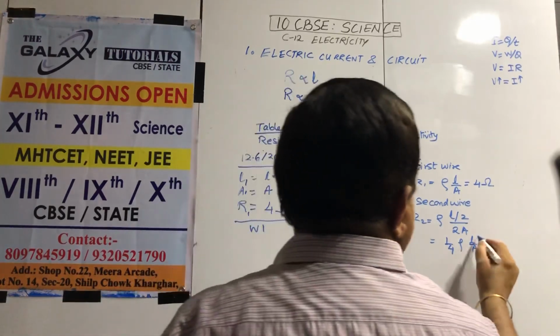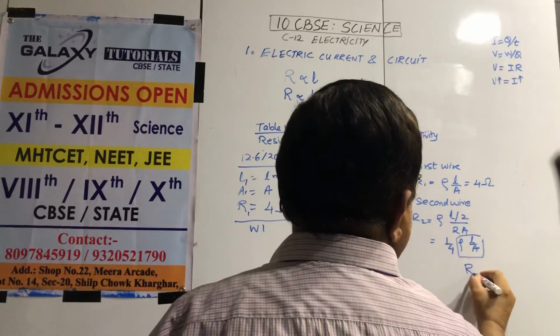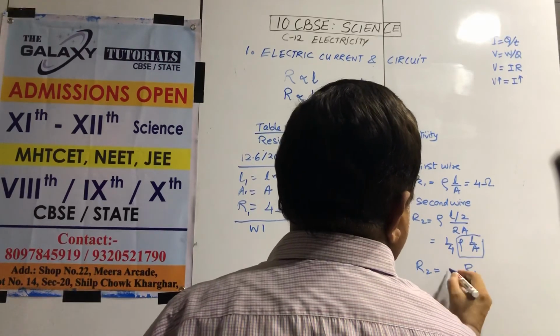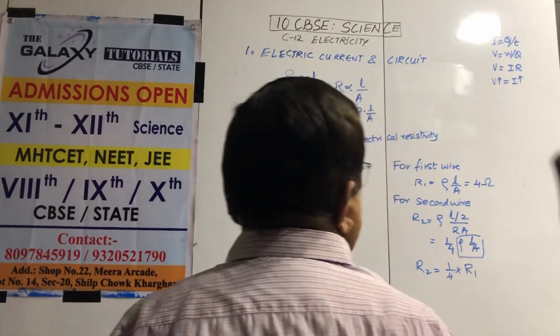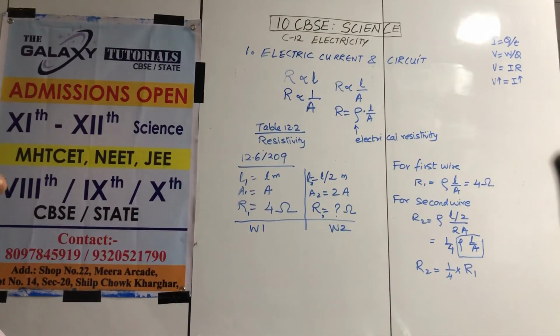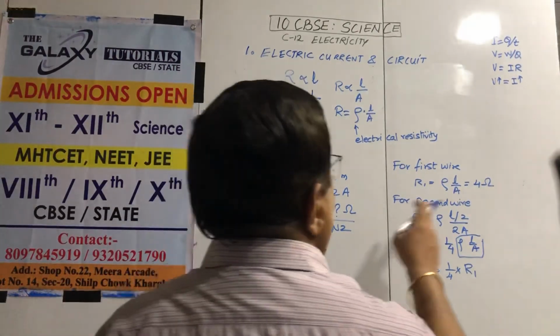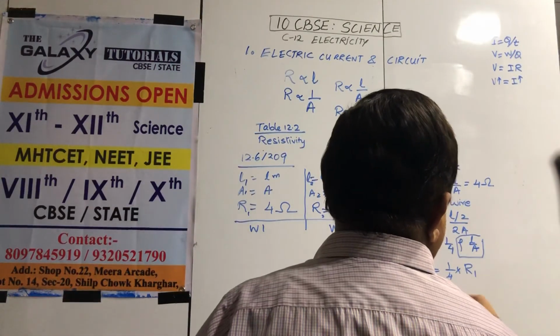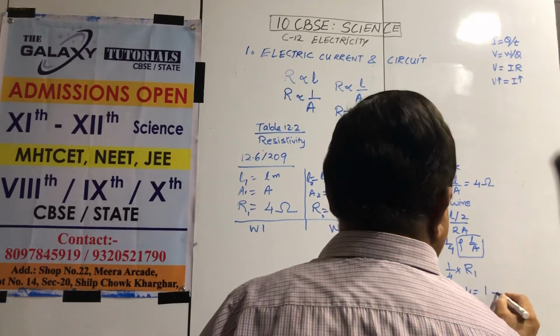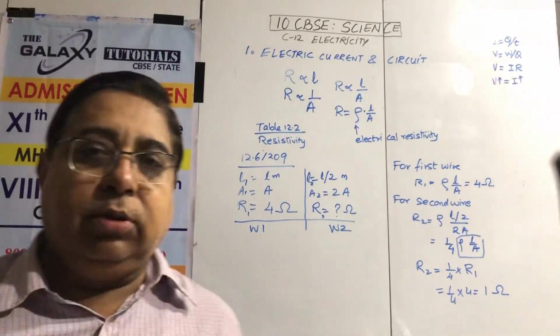So this, my friends, is R1, and this is R2, which is 1 by 4 of it. No need to solve further. So the resistance of the wire is 1/4 into R1. R1 was 4, so it is 1 ohm. That is how to do the sums.